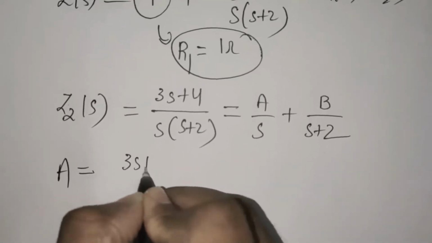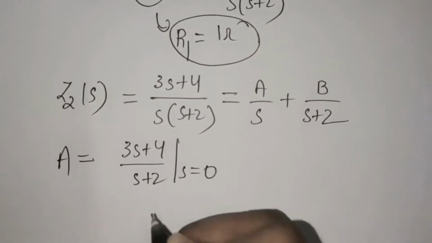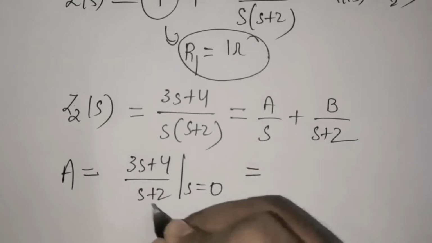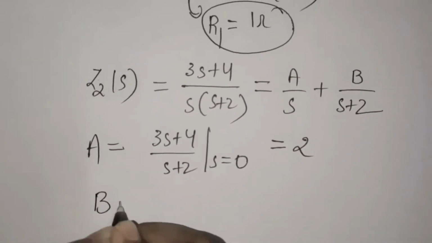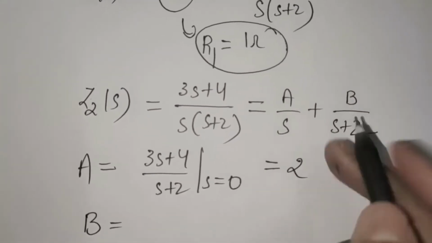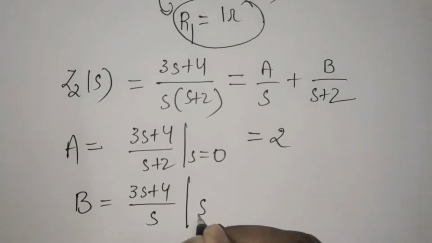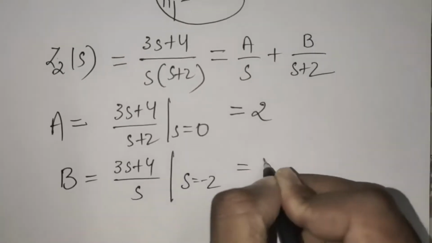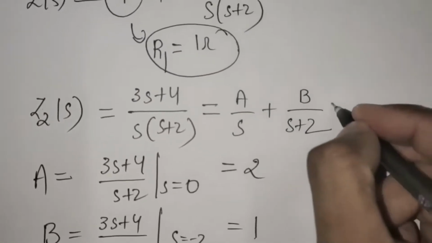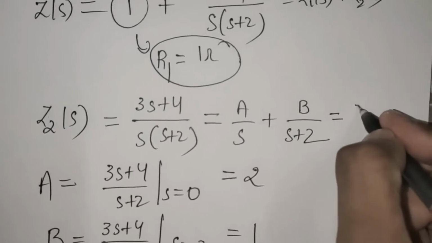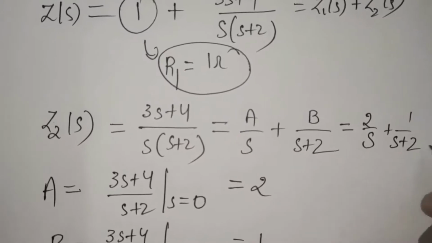So it is (3s plus 4) by (s plus 2), substituting s is equal to 0. So when I substitute s is equal to 0, I will get a value as 2. So B is equal to, so except s plus 2, write the entire expression (3s plus 4) divided by s and substitute s is equal to -2. Then we'll get the B value as 1. So this I can write as 2 by s plus 1 by s plus 2.